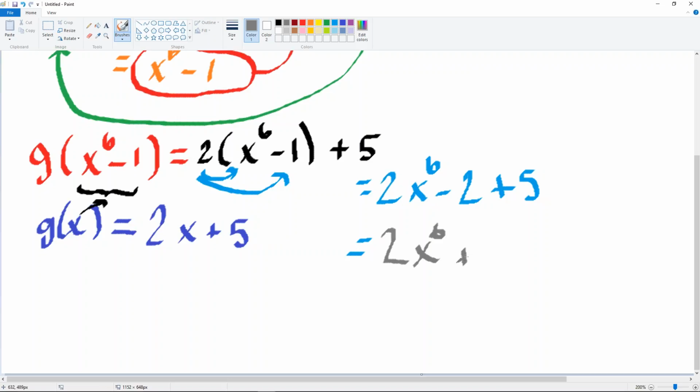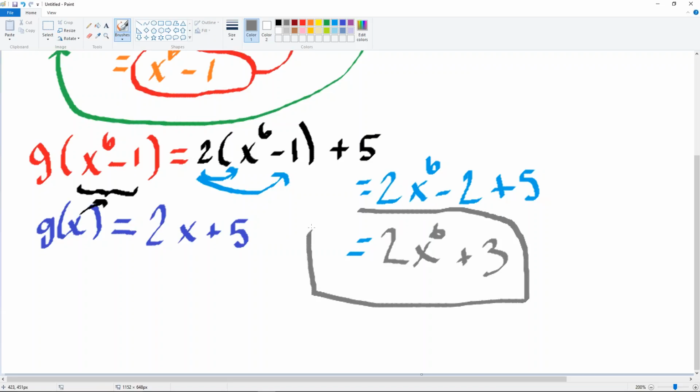Right. Oh, see, I was thinking that we had to do something else with the x to the 6th, so I just stopped. No, that was it. Okay.